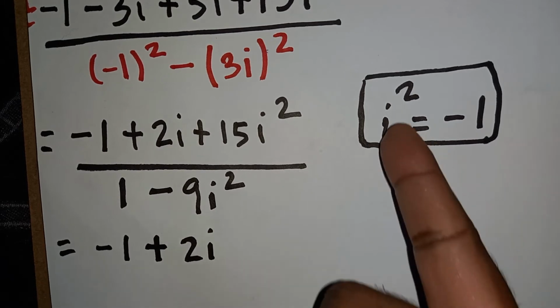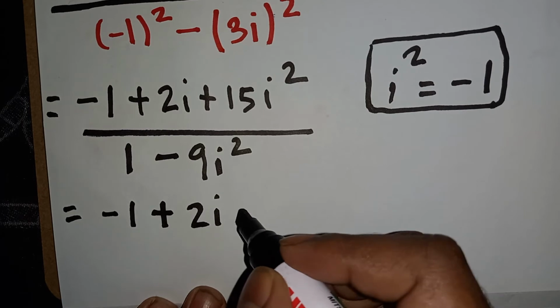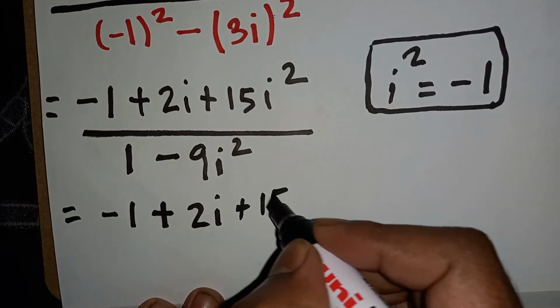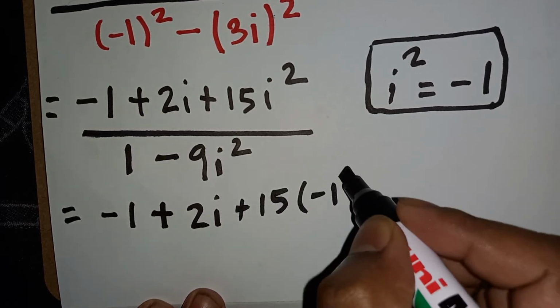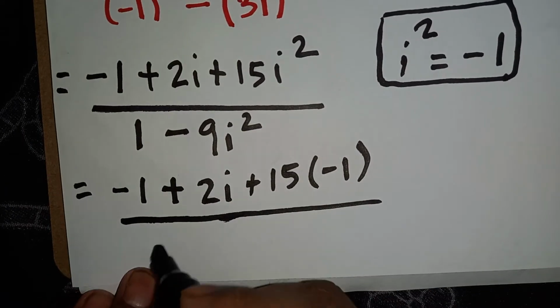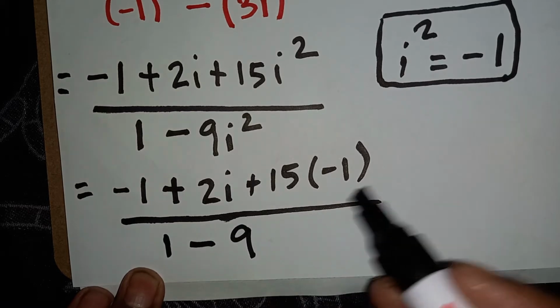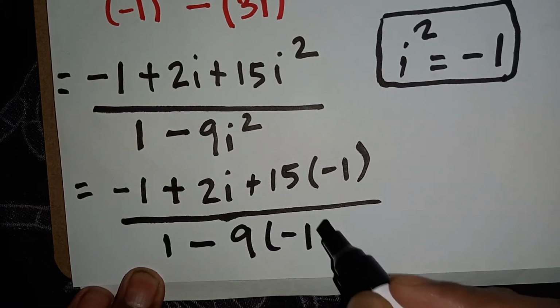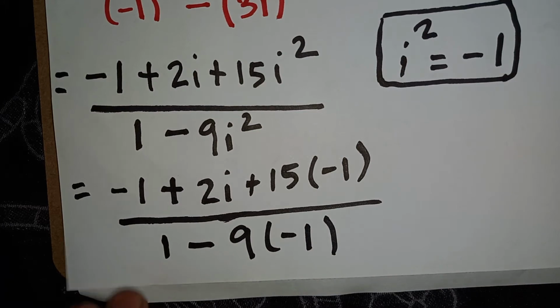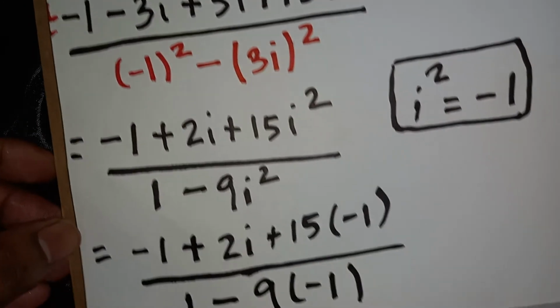So this will be plus 15 into minus 1, over 1 minus 9. i squared will be replaced by minus 1. So minus 1. Now from there we can further simplify.